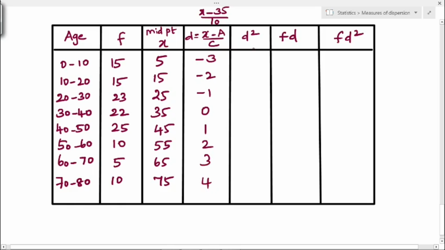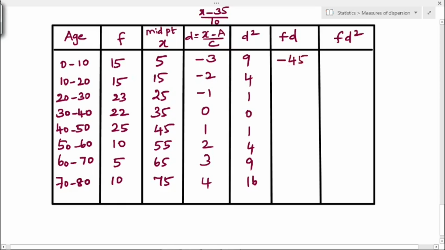Next we have to find d square. That is minus 3 square, 9, and 4, 1, 0, 1, 4, 9, 16. So these are all the values of d square. Next fd. For fd we have to multiply frequency and d value. So that is 15 into minus 3, so minus 45.